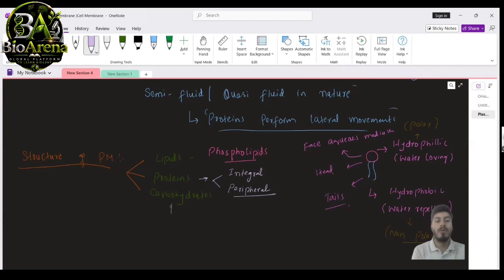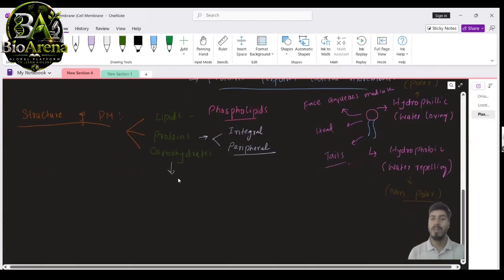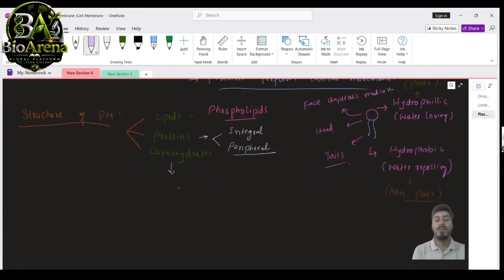And what about the carbohydrates? Carbohydrates are always in the conjugated form, either with lipids or proteins. With proteins they can be glycoproteins, and with lipids they can be glycolipids.